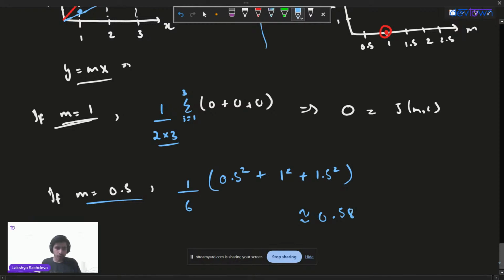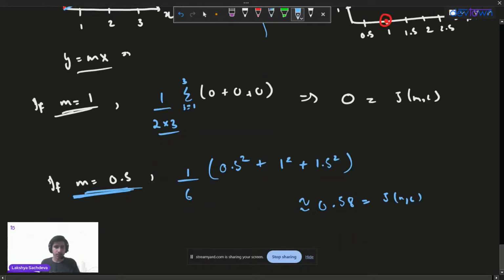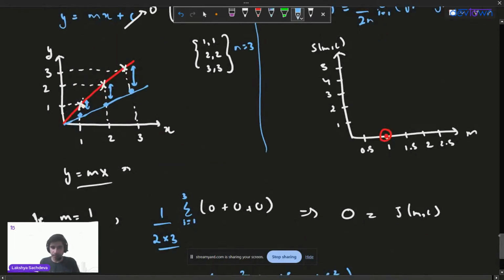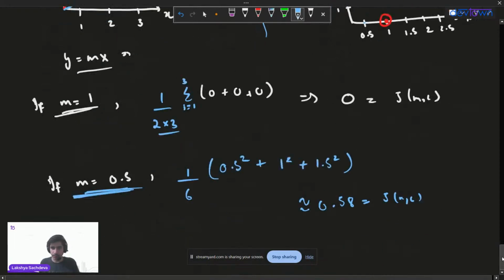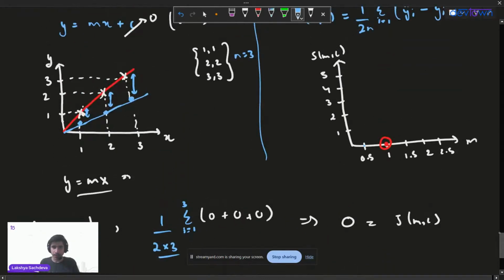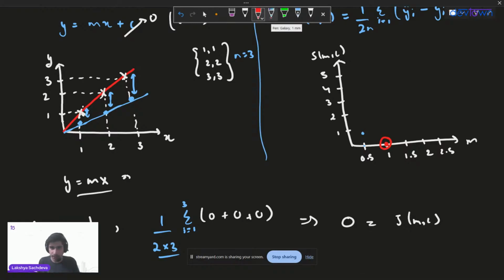Okay, we got to know that when m is equal to 0.5, our J(m, c) is equal to 0.58. Let's quickly plot this. When m is 0.5, our J is 0.58. So it will lie approximately over here.